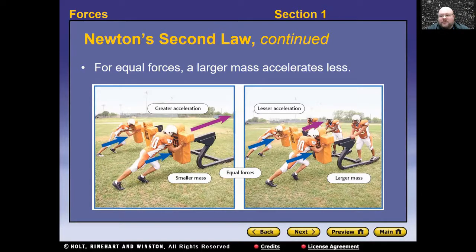Over here, you have two guys pushing the equipment, but there are three guys standing on the other end. It has a larger mass. So the two guys are applying the same force, but the example on the right is going to accelerate less because there's more mass. So larger masses accelerate less, smaller masses accelerate more.